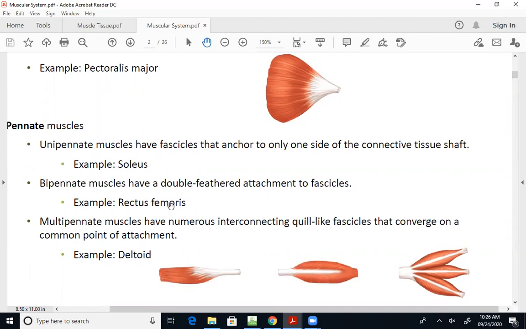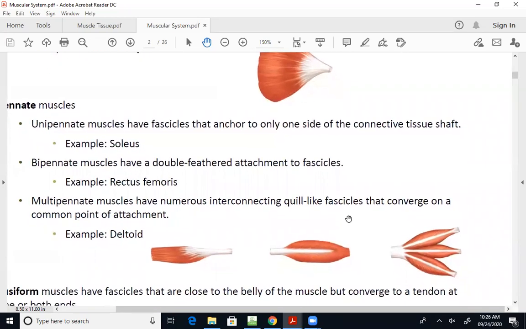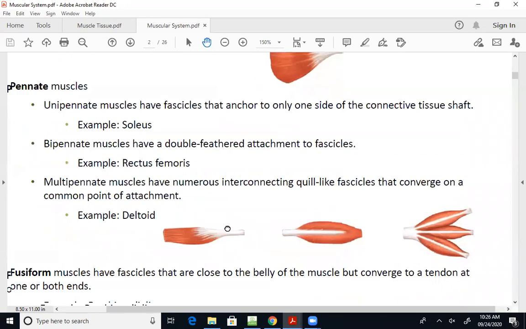An example of that would be your rectus femoris, which is an important thigh muscle. And then multipennate, like your deltoid, is like multiple feathers connected to one central tendon or one common point of attachment.